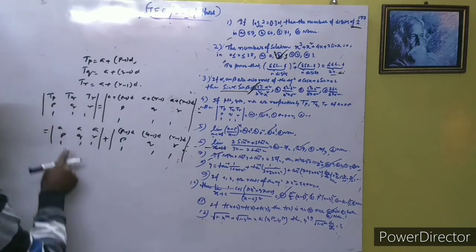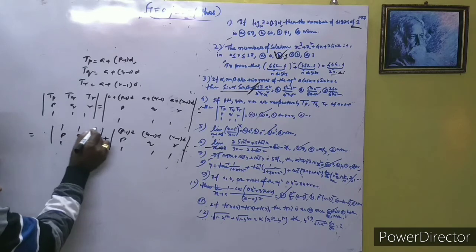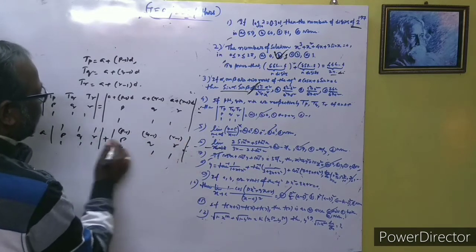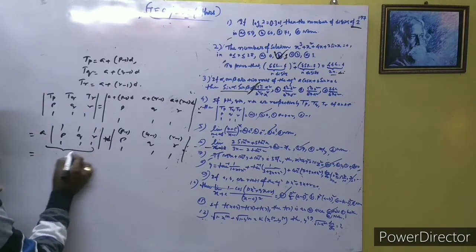Again, if you take a common from that, you can write 1 1 1, and d is taken common from the other. This value is 0 here.